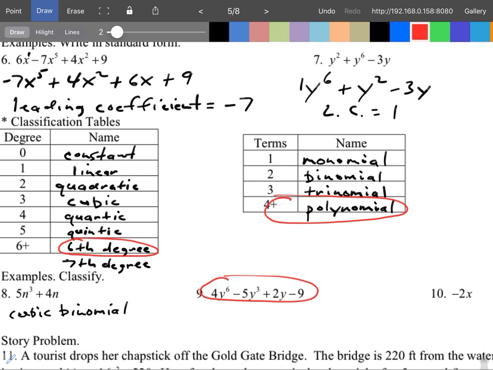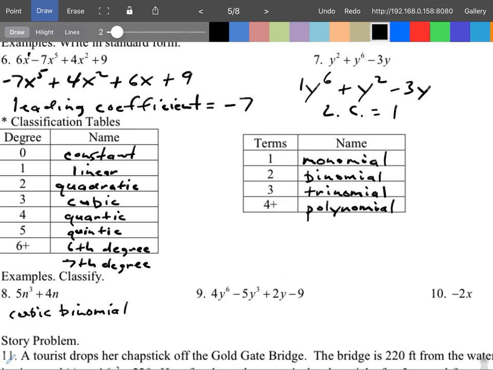So we're just going to write that it's a 6th degree polynomial. Classifying it by degree, it's 6th degree, and classifying it by the number of terms, it's a polynomial.